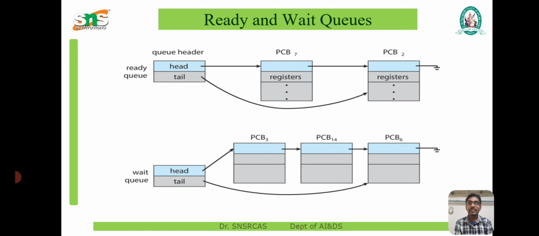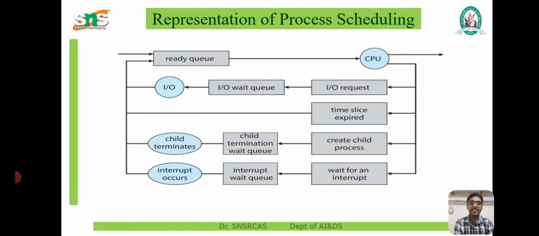There are types of memories and types of execution code separated into the memory block, and there is a wait queue below, namely process control blocks 3, 14 and 6 and so on. And here is the representation of process scheduling.